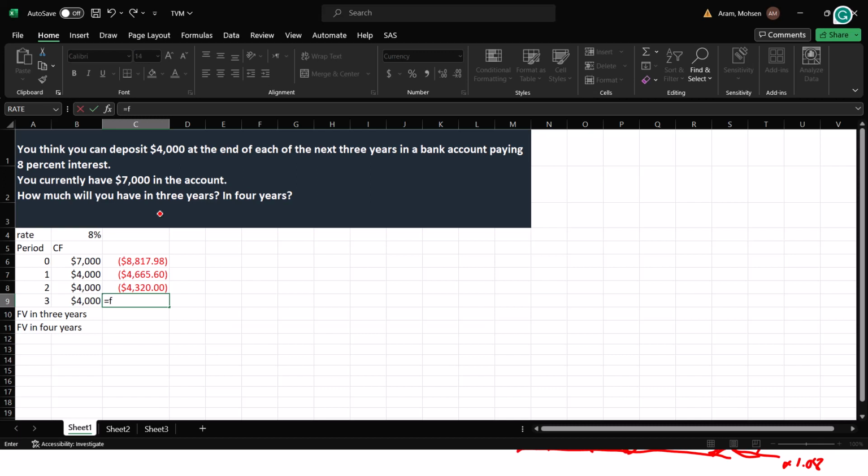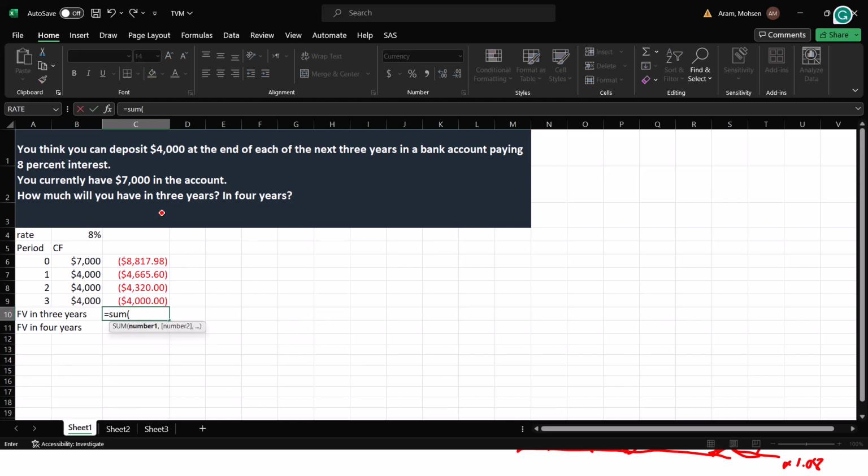So it's the future value of 4,000, but the number of periods would be 0. We know it's 4,000, I just wanted to calculate it. So you'll have the 4,000.